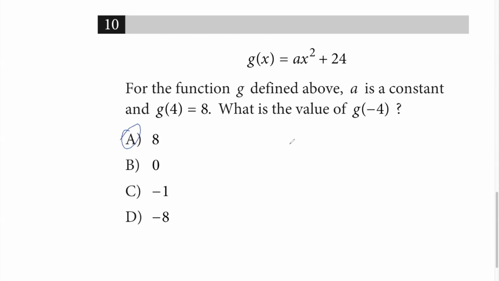If you want, we may check it: g(4) is equal to 8 times 4 squared plus 24, and g(minus 4) is 8 times minus 4 squared plus 24. You see, you will get the same answer. 4 squared is the same as minus 4 squared, which is 16. And you will get 8 again. The answer is A.